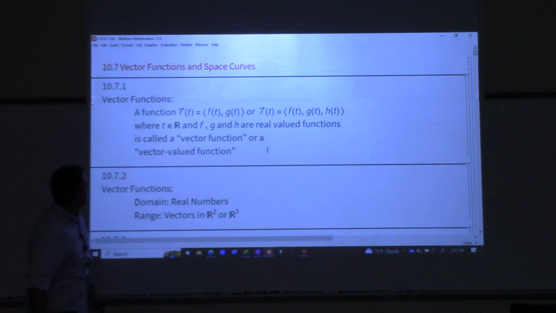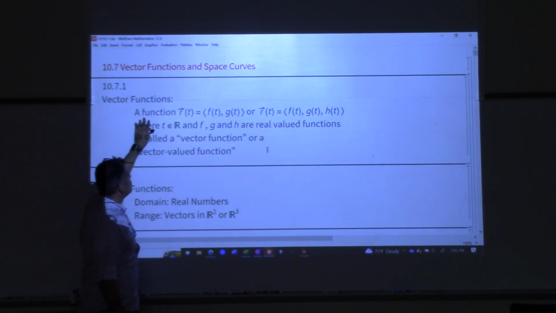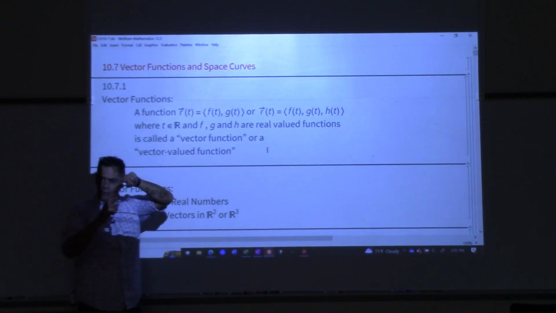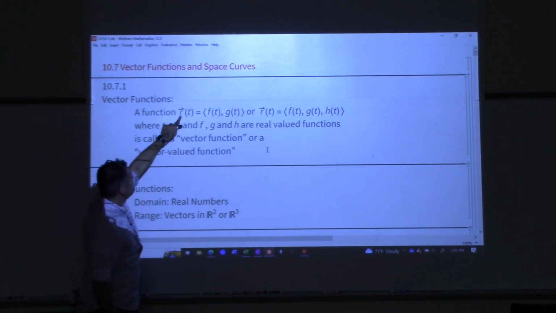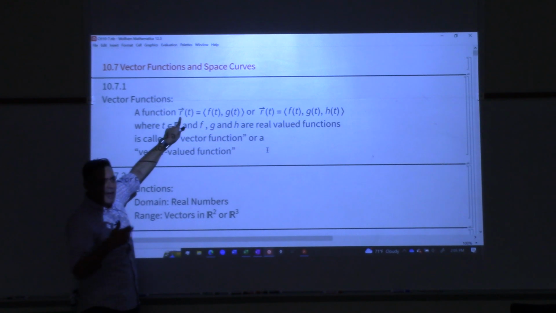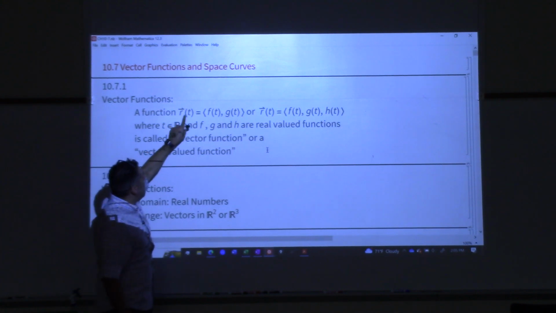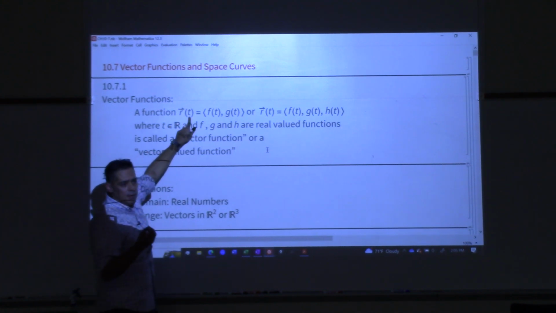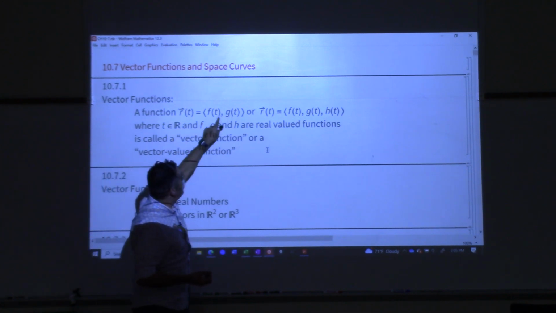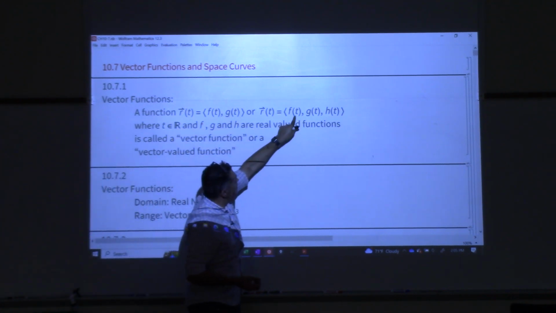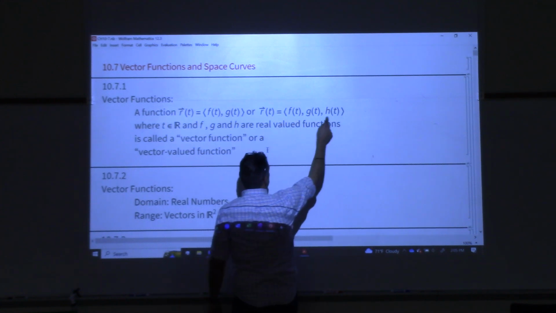All right, a vector function, a function R with the little arrow on top, R of t, that's what lets you know it's a vector function as opposed to f of x or f of t, which we call a scalar function. What it does is it takes some input t. That t is a number. And it creates a 2-dimensional vector, or it could create a 3-dimensional vector.